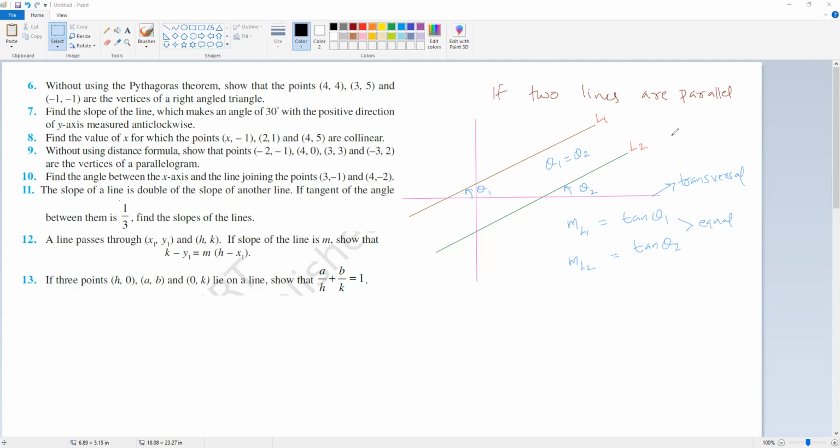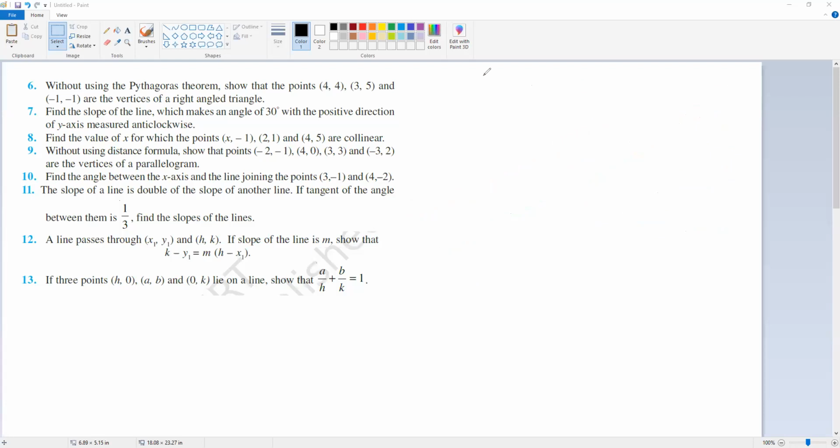So that means if two lines are parallel, their slopes are equal. First line's slope M1, second line's slope M2. That means their slopes are equal. That is a very important concept. If two lines are parallel, their slopes are equal. Okay. Now we'll go to the next situation.